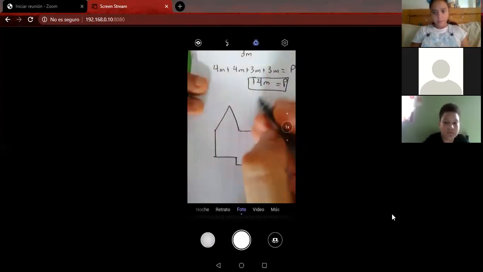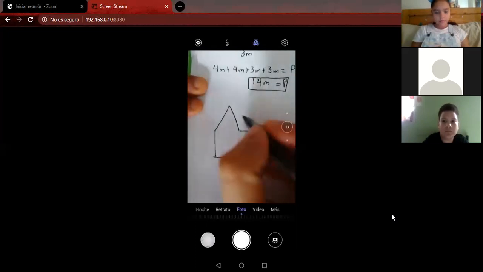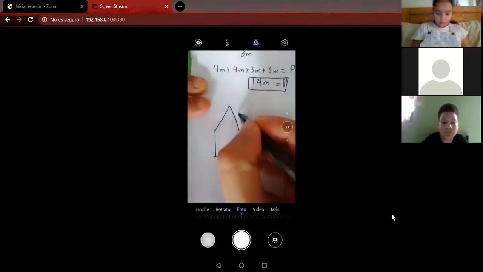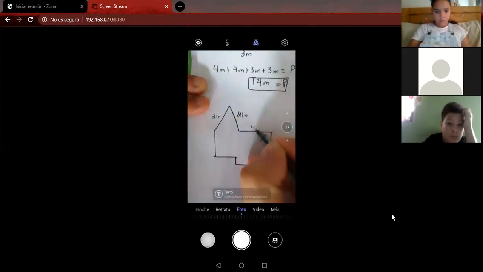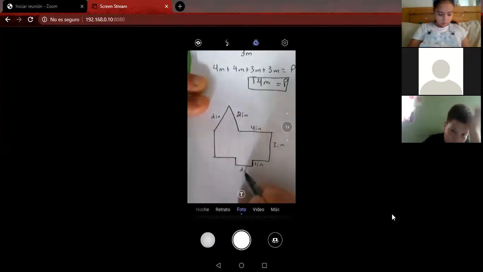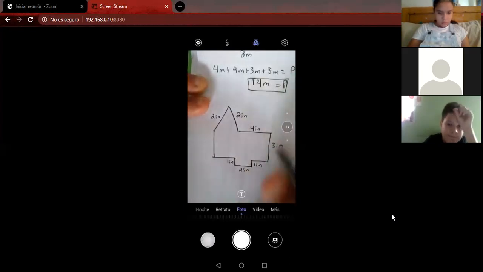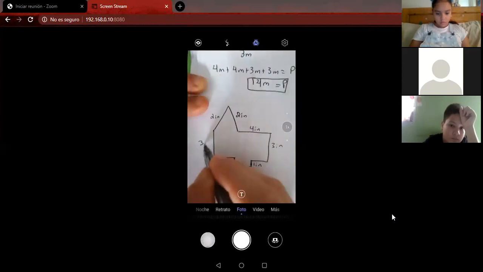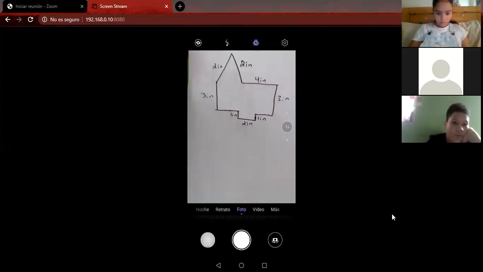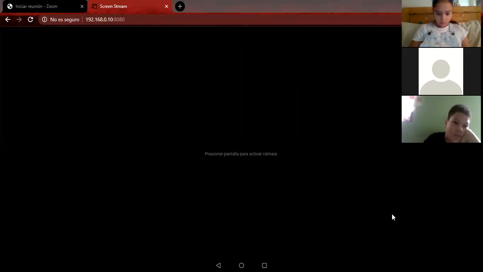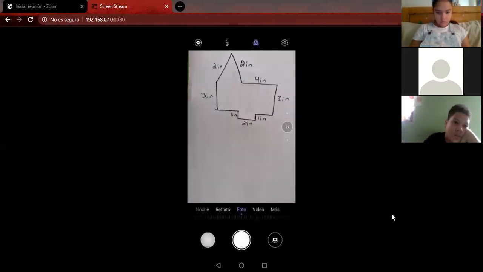So in case I give you one of this type of exercise, I can give you, for example, 2 inches, 2 inches, 4 inches, 3 inches, 1 inch, 2 inches, 1 inch, and maybe 3 inches over here. The only thing I have to do is to add all my sides, okay?